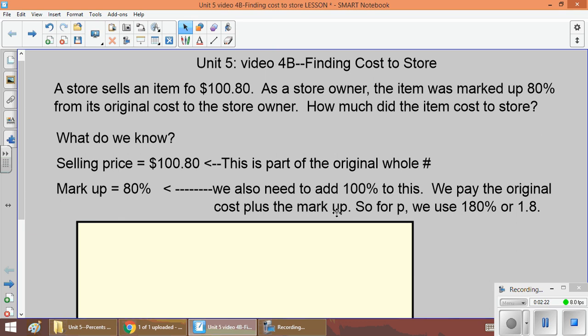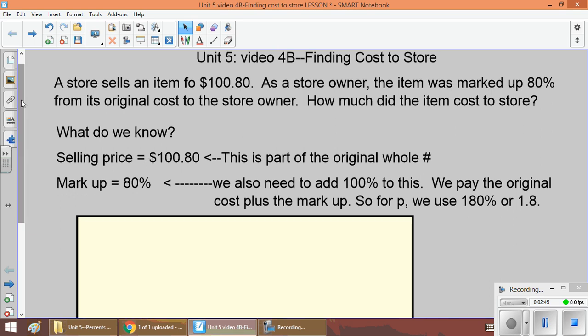So when I bought the item, say it was $10, I had to pay the entire $10. I had to pay 100% of the asking price, plus the extra 80% on top of that. So we pay the original cost plus the markup. So for P, we're going to use 180% or 1.8.